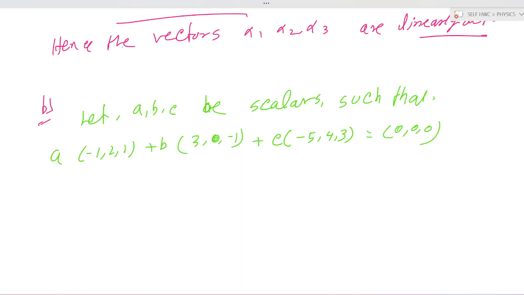Same process, you solve: (minus a, 2a, a) plus (3b, 0, minus b) plus (minus 5c, 4c, 3c) is equal to (0, 0, 0).